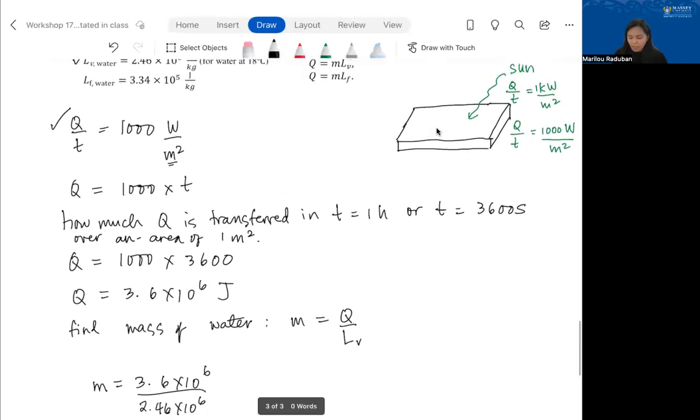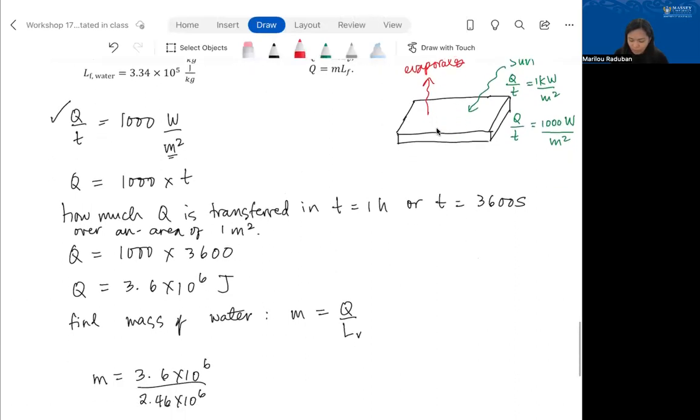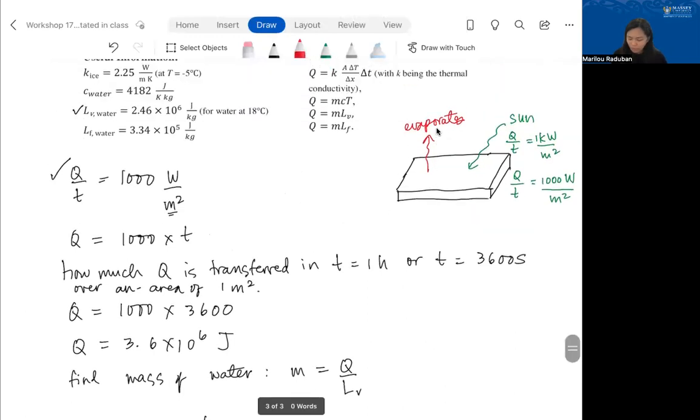So the idea there is the sun transfers heat onto the surface at a rate of 1,000 joules every second for every square meter. As a result of that amount of heat, we'll start again.